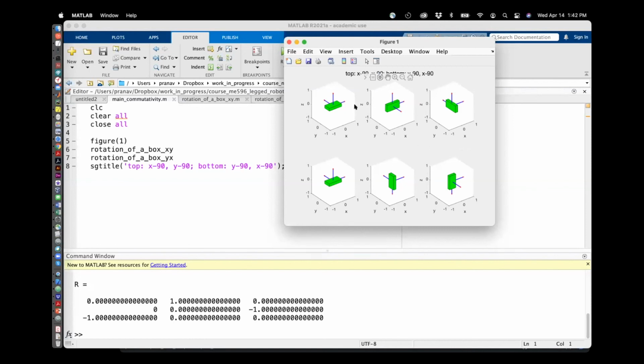Sorry, this will be Y-axis about 90 degrees, so the Y remains unchanged, and then X about 90 degrees, and then the reverse rotation. So the main message is that final configuration here, row 1, column 3 is not the same as row 2, column 3, even though we started the same configuration and did this rotation set, because multiplication of matrix rotations is not commutative. Okay, so that's one thing.